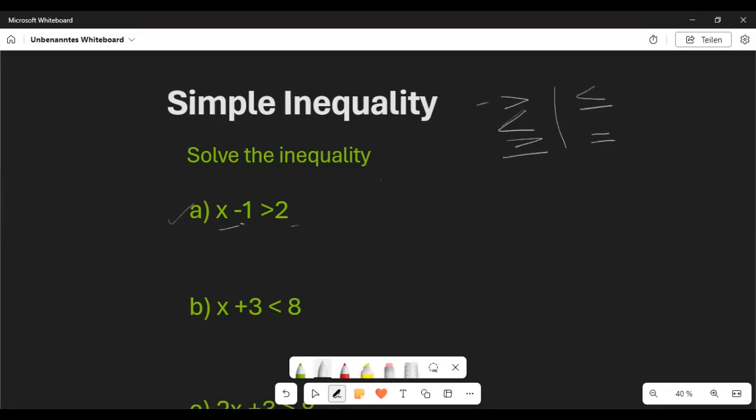So we say x minus 1 plus 1 is greater than 2 plus 1, because we want to eliminate the value we have here. At the end, x is greater than 2 plus 1, which gives us 3. So the solution is x is greater than 3.